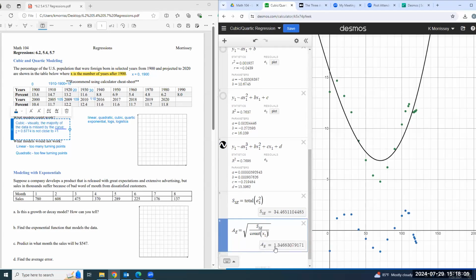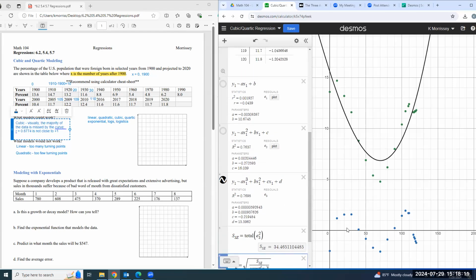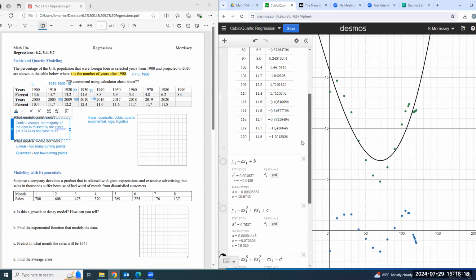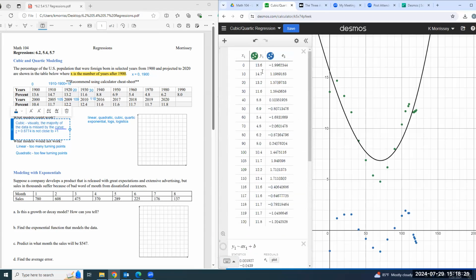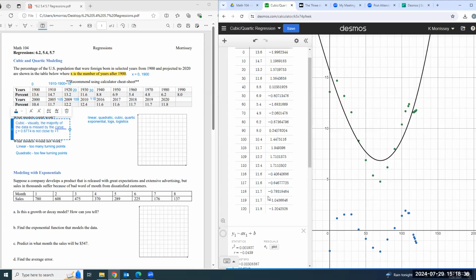So your average error is 1.347-ish, which, again, is not horrible. It doesn't exactly give us a great fit though, because again, visually that's not great. And with it being 1.3, we can also compare that to these values here, right? Your values aren't necessarily going up all the way by 1 or -1. There is a little bit of a jump here and again here, but for the most part, we have very, very small increments that we are increasing and decreasing by.